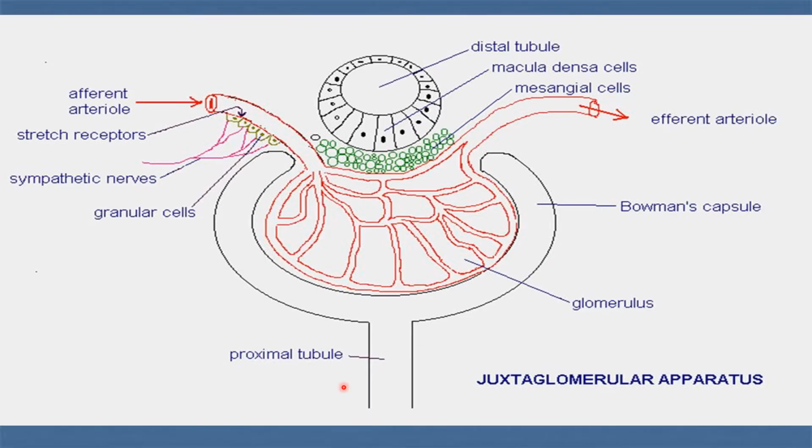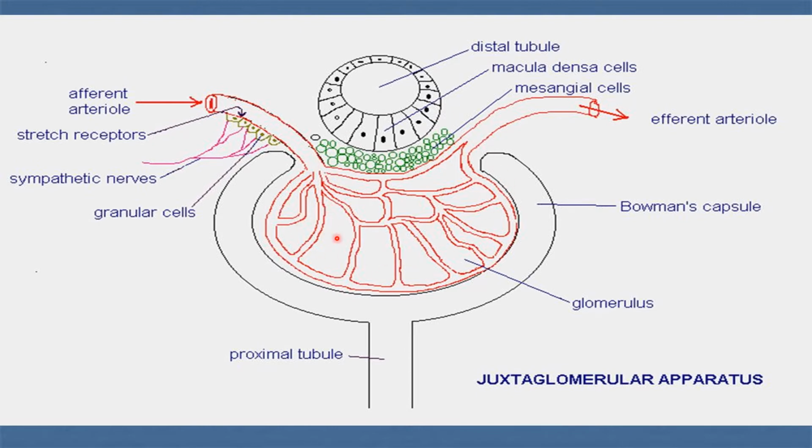So again, an elaboration of the previous slide. This is the efferent arteriole. You all know the structure of a nephron. What is the name of this structure? The efferent arteriole will lead towards the glomerulus.